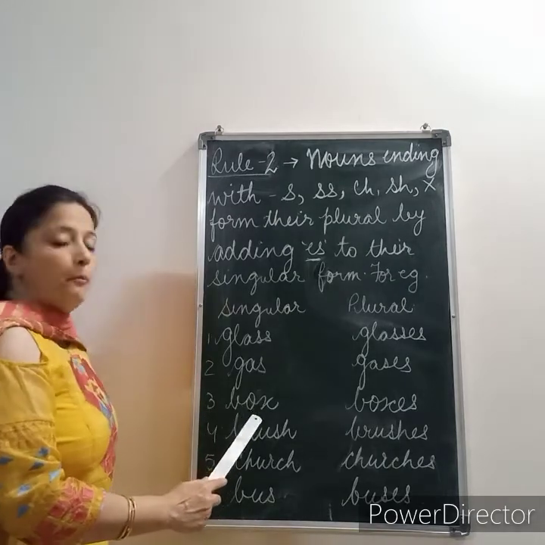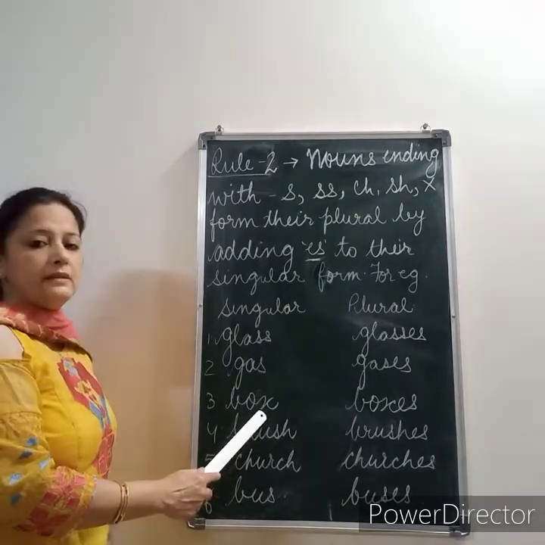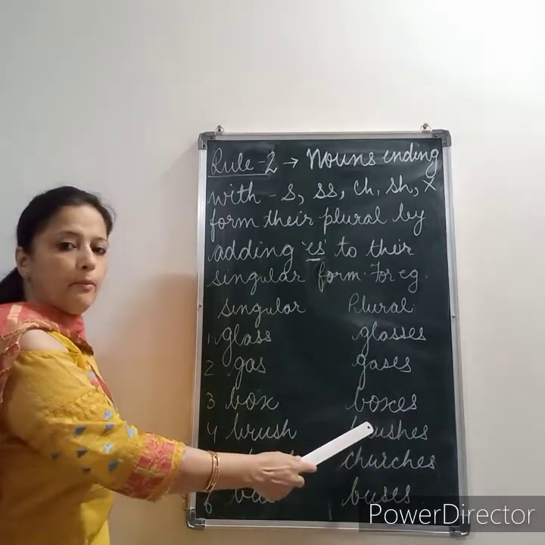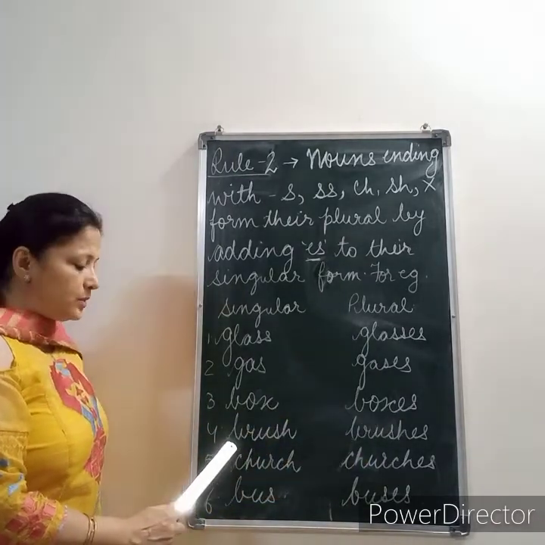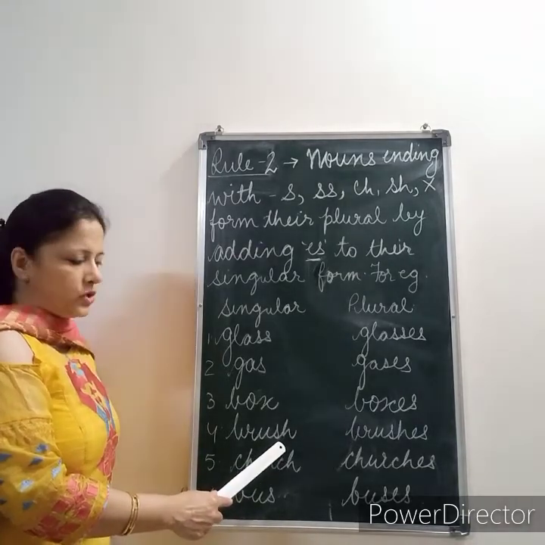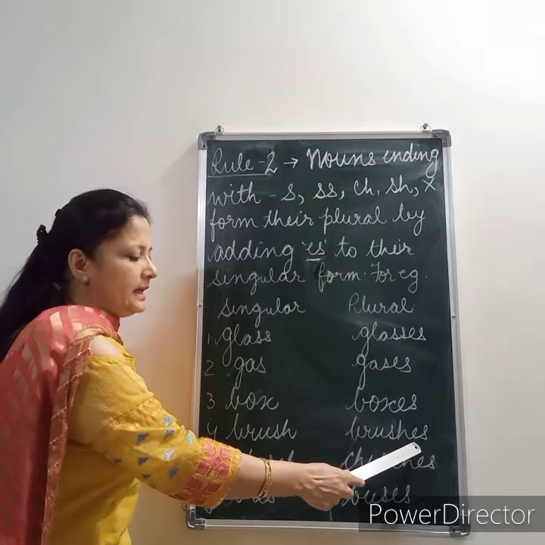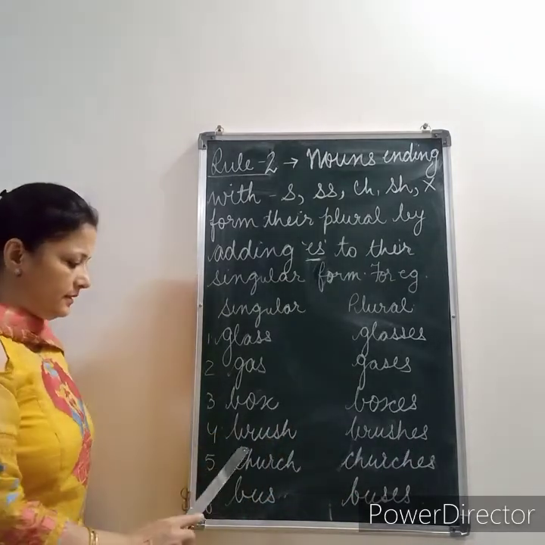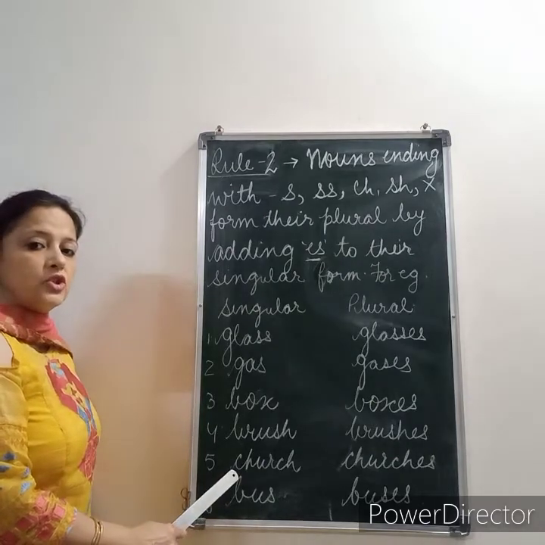Next, box. Here the word is ending with x. We have added es to make it boxes. The next word is brush. It is ending with sh. Here we have added es to make the plural form, that is brushes. The next word is church.